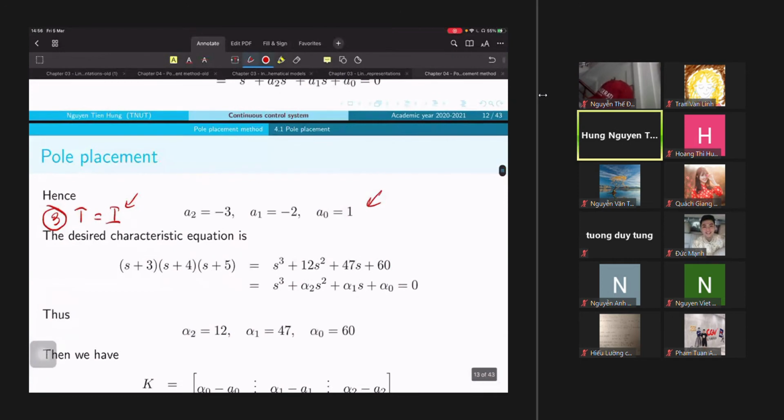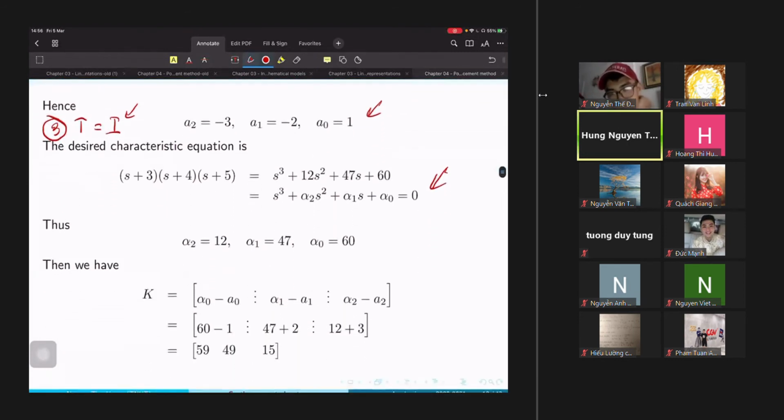So the polynomial is S minus S1, S minus S2, S minus S3. Then we will get this polynomial. Before, we saw this is alpha 3, but alpha 3 is always 1. Then we see that alpha 2 is 12, alpha 1 is 47, and alpha naught is 60.